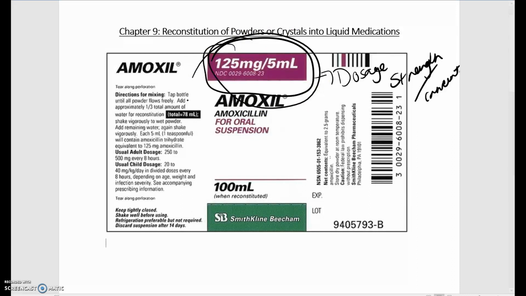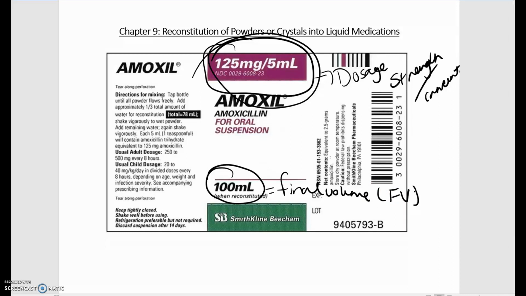Another component I want you to be able to identify on this label is the final volume. In this case, 100 milliliters is the final volume, and I'm going to put FV in parentheses. You'll understand why as we go into more detail of solving these problems.